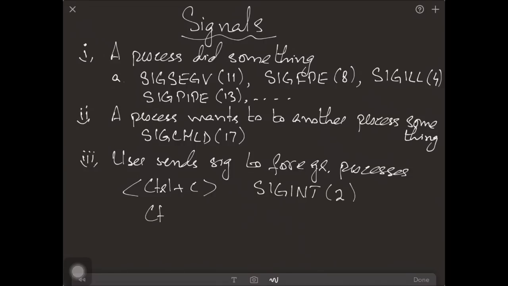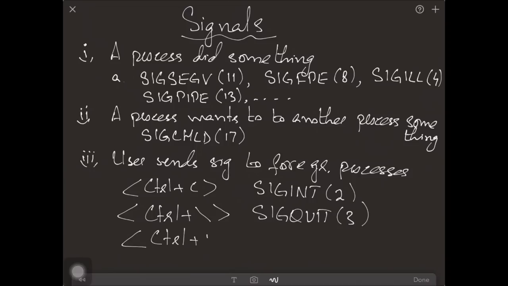Once a user presses Ctrl plus backslash, it sends the signal SIGQUIT to the foreground process. Similarly, when a user presses Ctrl plus Z, it sends the signal SIGTSTP to the foreground process.